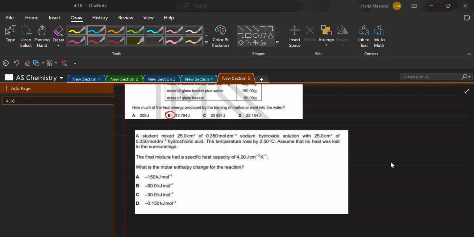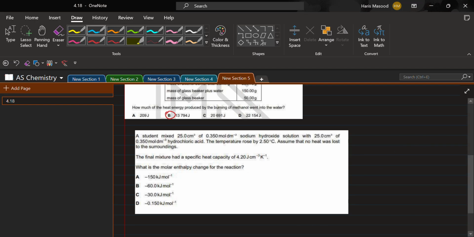So, good, that will be minus 60. Try to do the questions a little bit faster so that we can do as many questions as we can in this class.